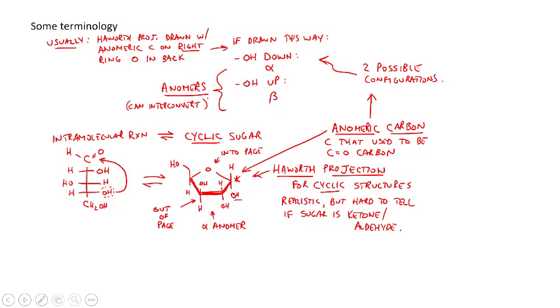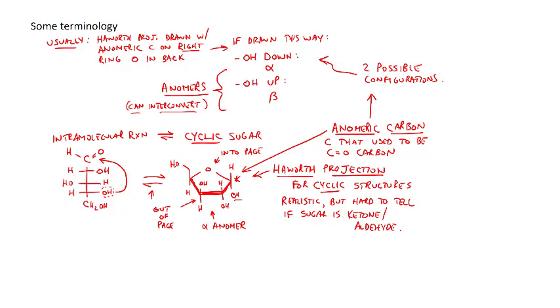They're never going to interconvert into one another. Anomers can interconvert, and the reason for that is because this cyclization process is reversible. The molecule can open back up and then reclose, and when it recloses, it may reclose with the OH pointing in the opposite direction. So anomers can interconvert. They are considered different configurations of the same compound, but they're difficult to isolate from one another.